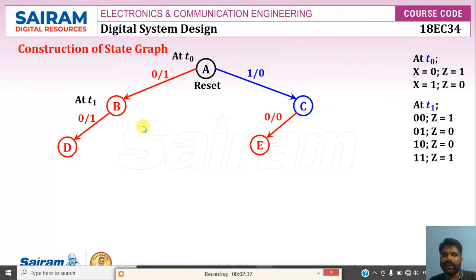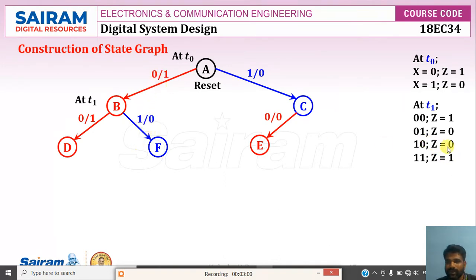And at B, if 1 is received, the received sequence is 1 and 0. We are receiving LSB first, so we read from MSB. That is why the most recent received is 1 and the previous received is 0.